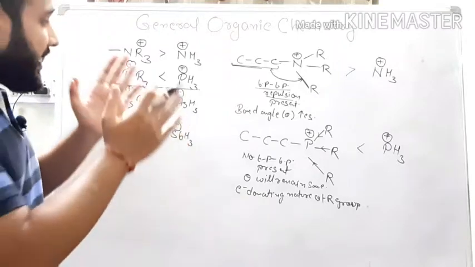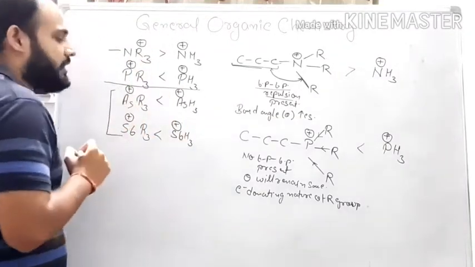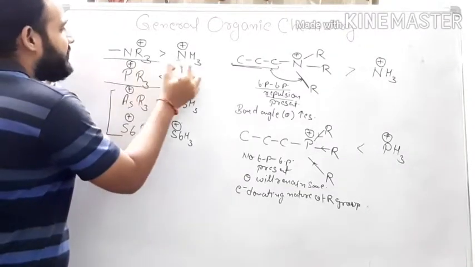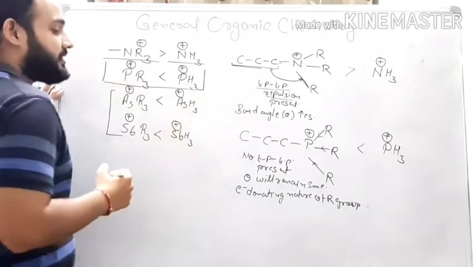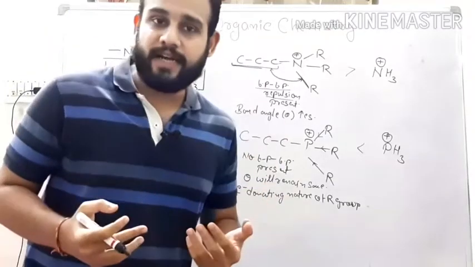Understand, friends? This concept will also apply to your arsenic and antimony compounds. So this is the main reason behind NR3+ being greater than NH3, whereas PR3+ is less than PH3 positive ion. I hope you can understand this concept.